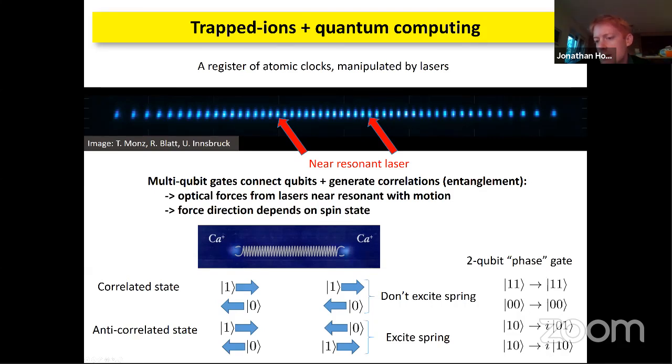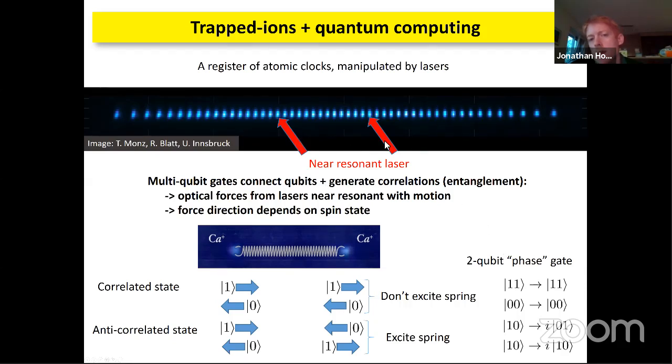Yeah, and this is equivalent to what we would call a CZ gate, a standard two-qubit gate, which if you act it on the right sort of product states can generate maximally entangled states. And that's really the key component of trapped ion quantum computing.